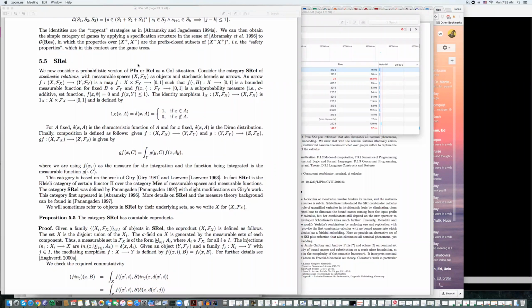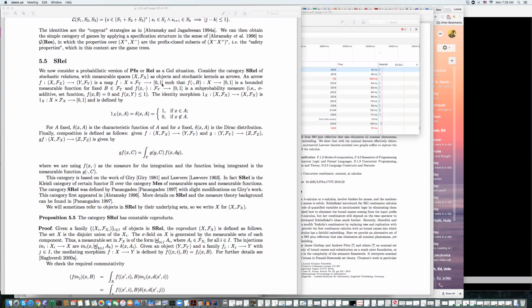But essentially, you're building a category where the objects are measurable spaces. So this is some sigma algebra here, and this is just some set. And then the arrows in the category are maps where an arrow from one measurable space to another takes a pair, some element from X and some subset of elements from Y in the sigma algebra.